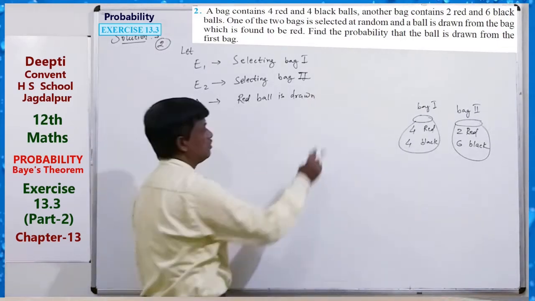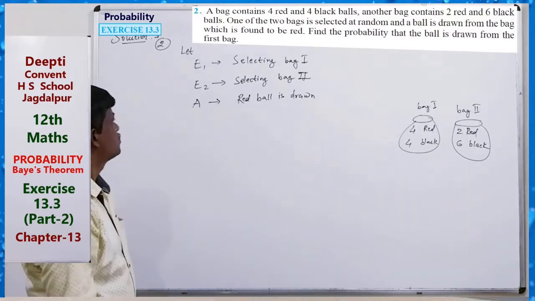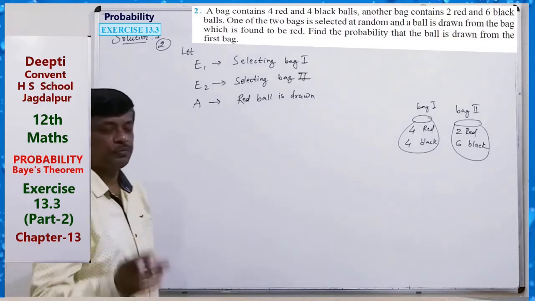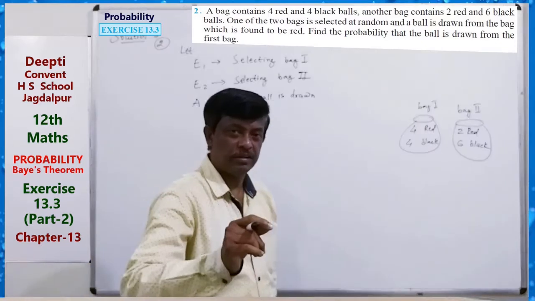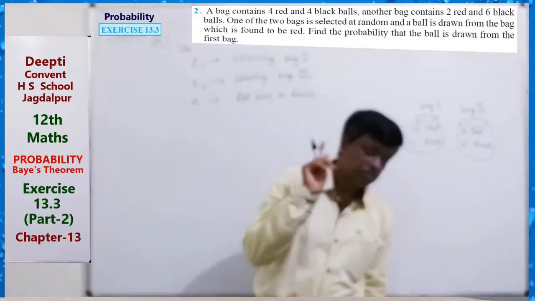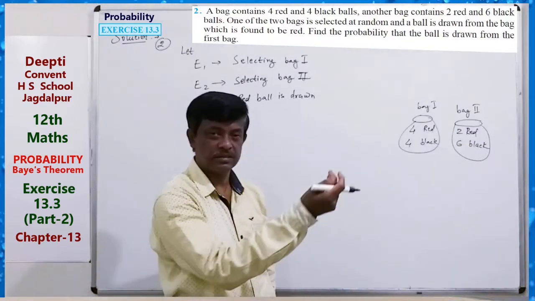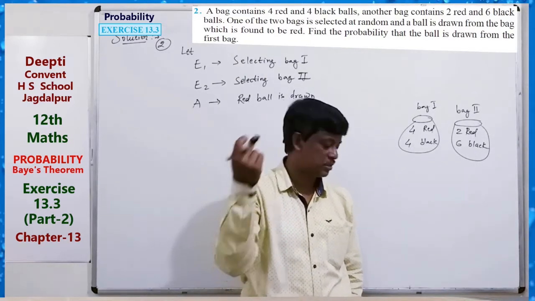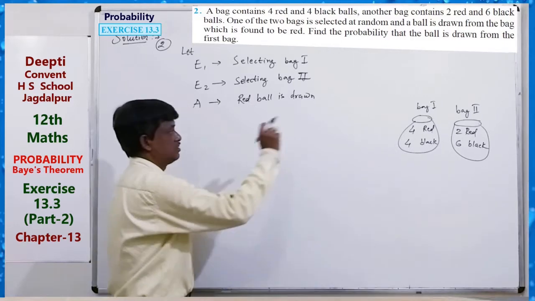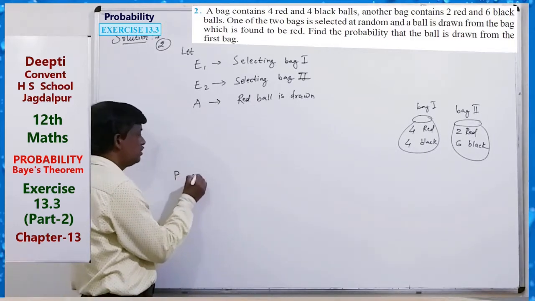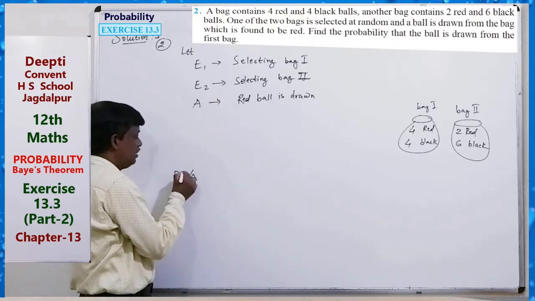First we have to denote the events. Then we have to find the probability that the drawn ball, which is red, is from the first bag. That is, red has already happened and first bag means E1.